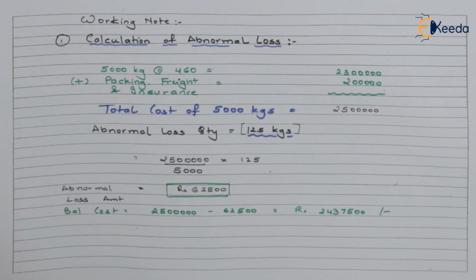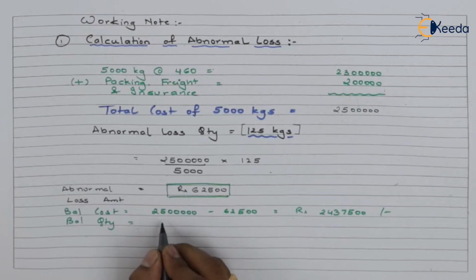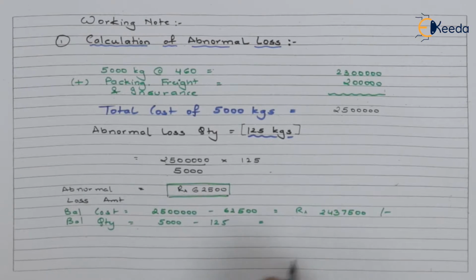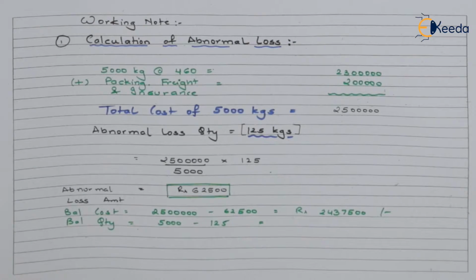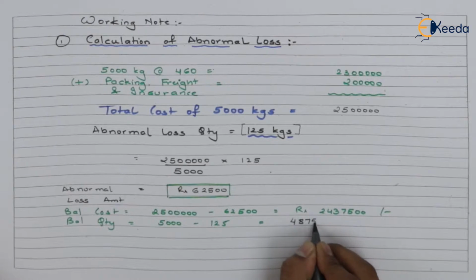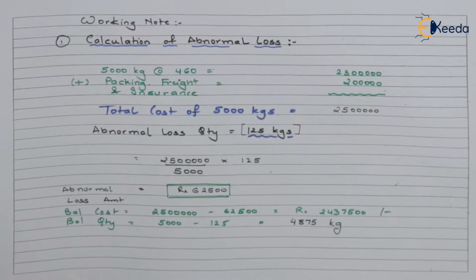So the balance cost is 24,37,500, which is for a quantity of 5000 minus 125. So for 24 lakh 37,500, the quantity that corresponds to it is 4875 kgs, because the balance 125 is an abnormal loss. So that will give you the per kg cost for that much quantity.